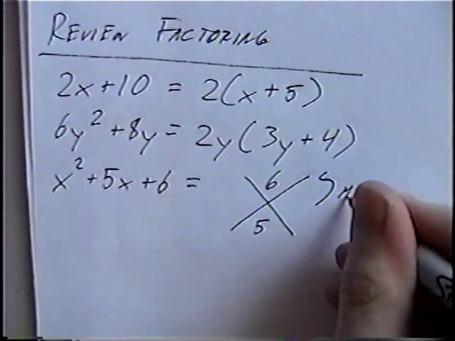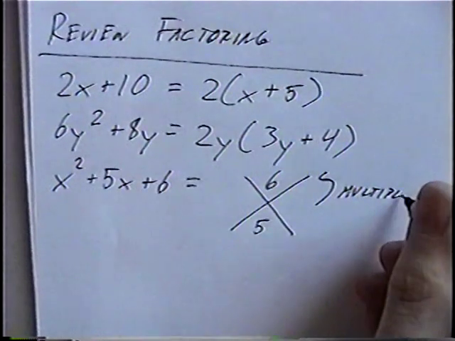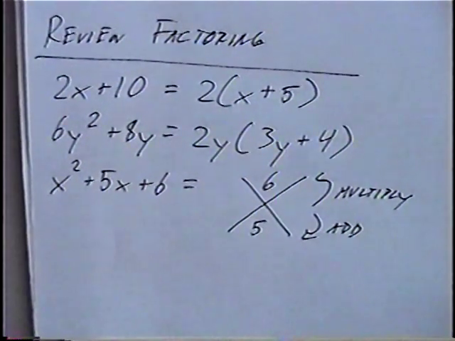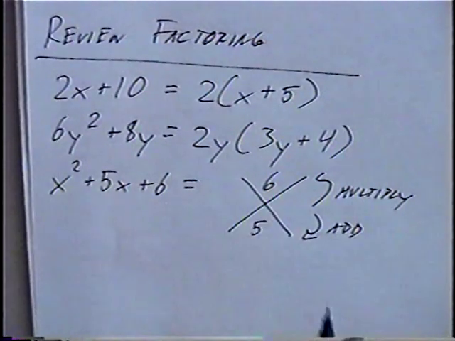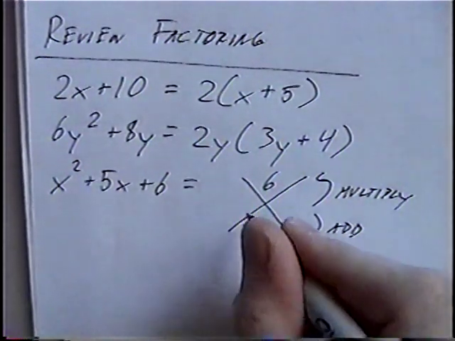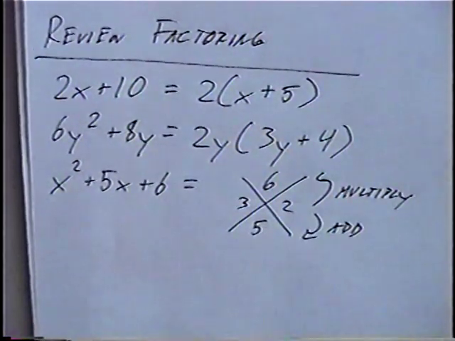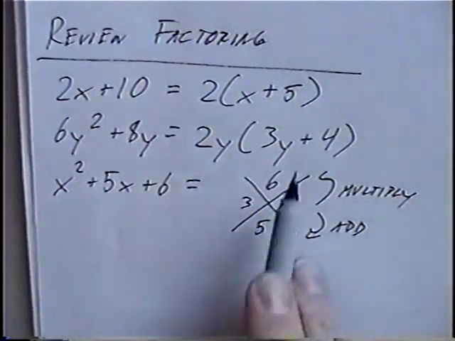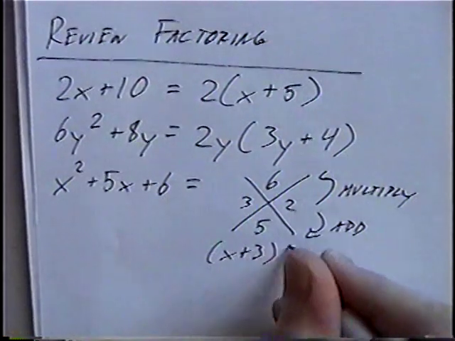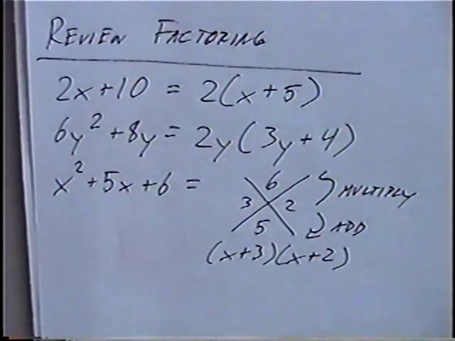And we need two numbers that multiply to get the top number and add to get the bottom number. In this case, two numbers that multiply to get 6, and those same two numbers add to get 5. In this case, the answer would be 3 and 2. Your final answer in parentheses with x would be x plus 3 and x plus 2.